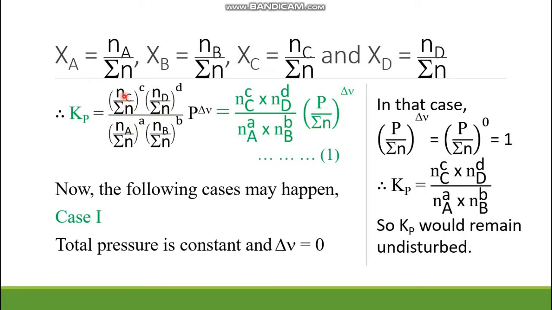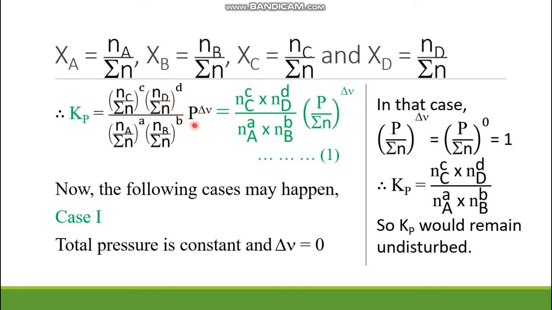Nc by summation of N to the power c, Nd by summation of N to the power d, divided by Na by summation of N to the power a and Nb by summation of N to the power b. Now this 1 by summation of N part is taken out of this fraction, then we can separately write it as 1 by summation N to the power delta nu, because delta nu is nothing but c plus d minus a minus b.